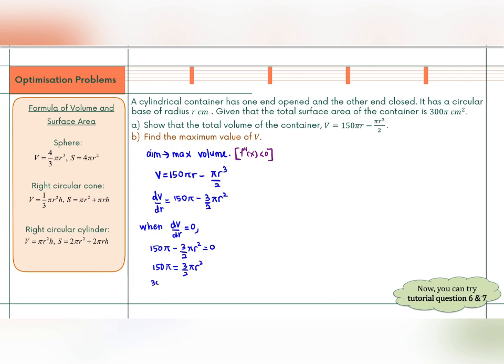So we have 300 pi divided by 3 pi equals R squared. Here we can solve 300 divided by 3 to get 100 equals R squared.